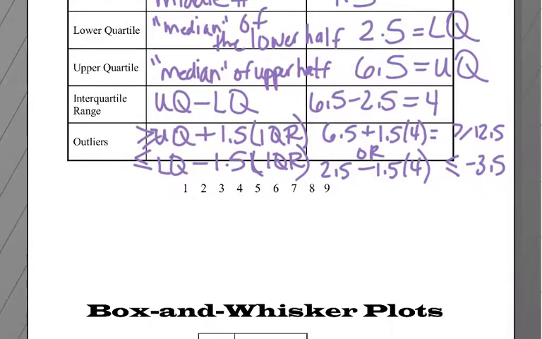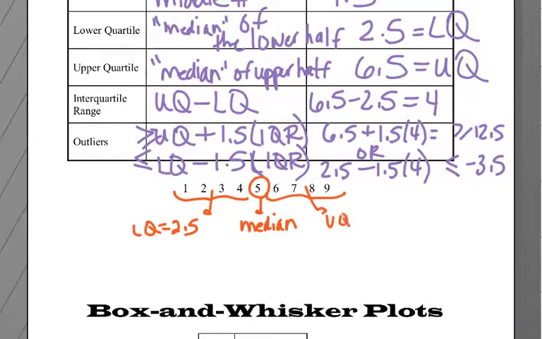I'm going to run through the same things with this data set. In this data set, it's an odd number of numbers, so we have the median actually as one of our numbers, which is 5. Our lower quartile would be 2.5, the median of the lower half. The median of the upper half would be 7.5. And that gives me an interquartile range of 5.